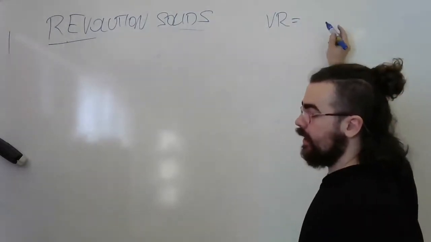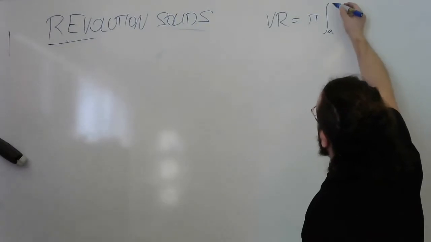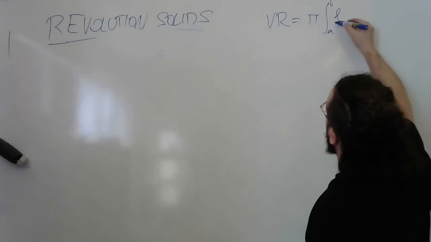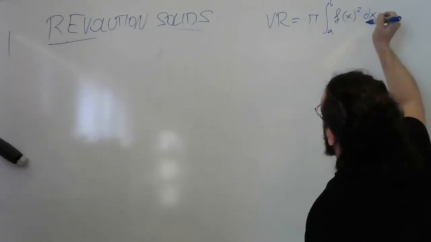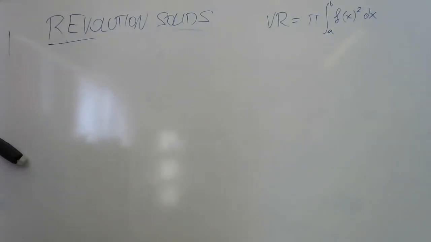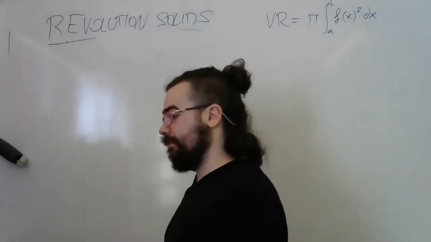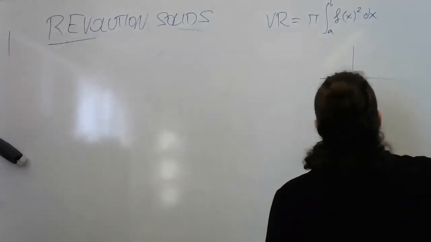Little reminder here, this is pi times the integral in the interval of f of x squared differential of x. And what I'm going to show you now is the volume of a sphere. So imagine that we have a function like this.